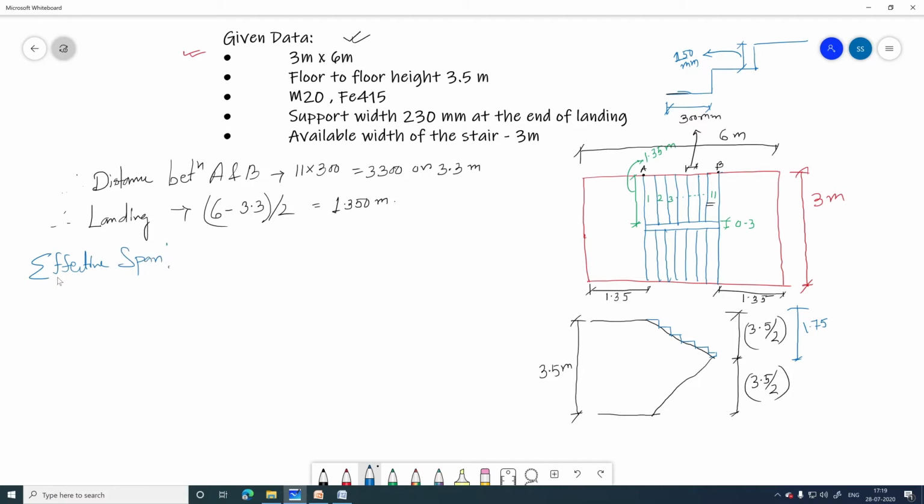To determine the effective span for the staircases, we need to go to clause number 33.1 in IS 456 2000. Okay. So, let us go there.